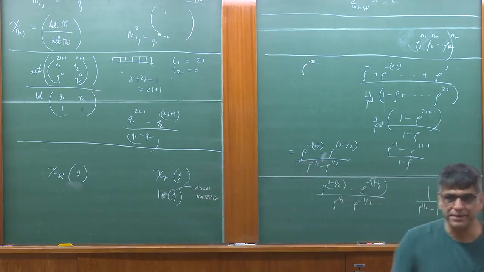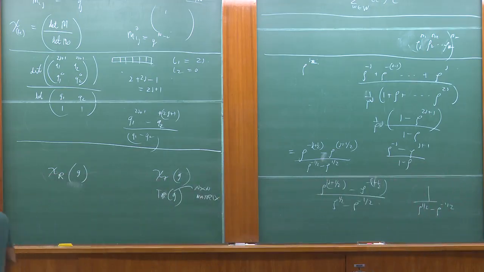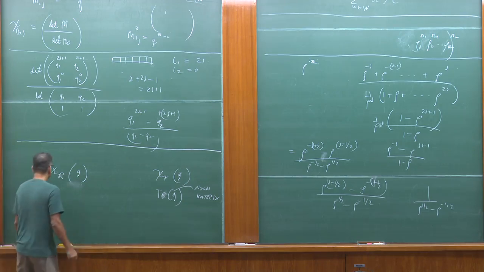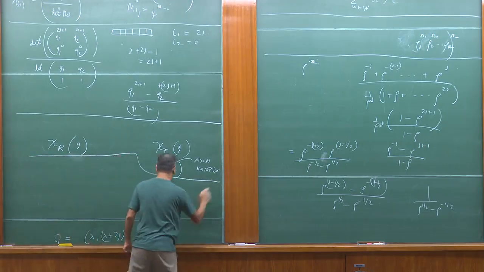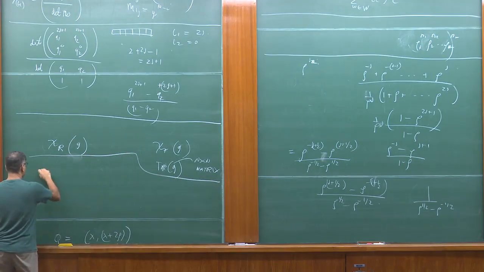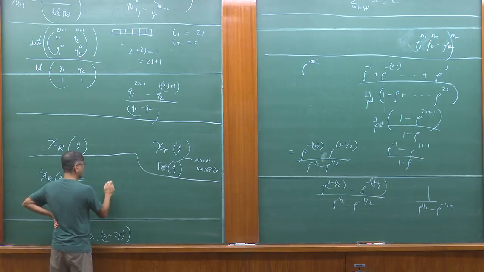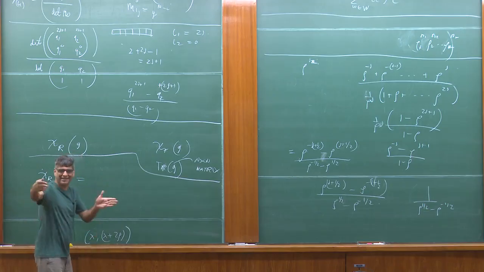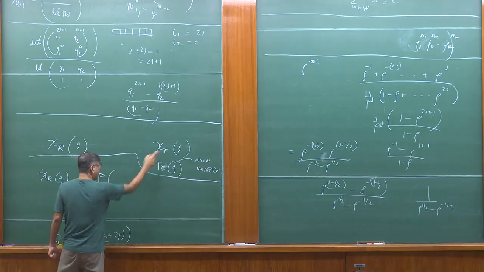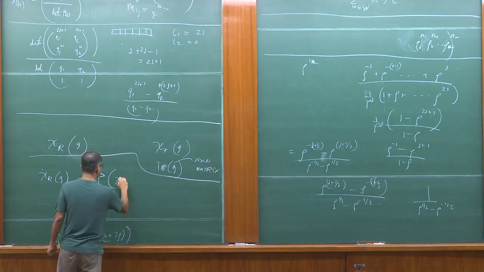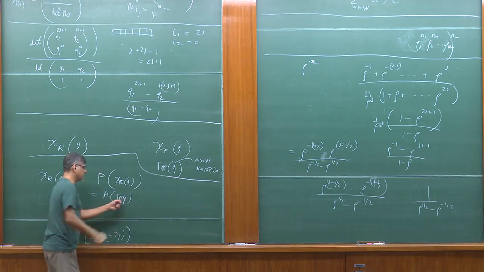You may wonder, is it possible to write chi in an arbitrary representation as some polynomial? Polynomial because all representations have a finite number of weights. Some polynomial of chi in the fundamental representation, or equivalently some polynomial of trace G, where I always mean trace G in the fundamental.